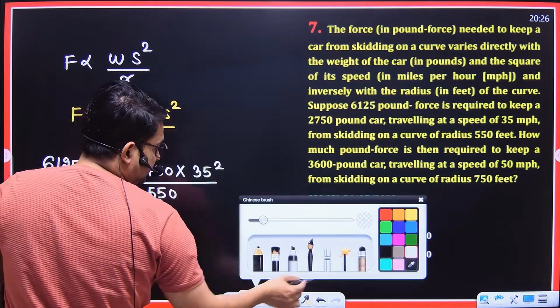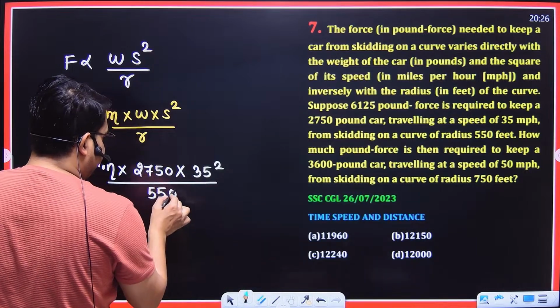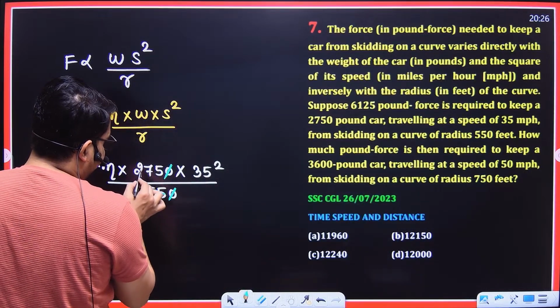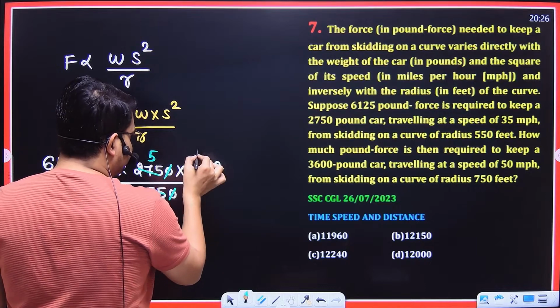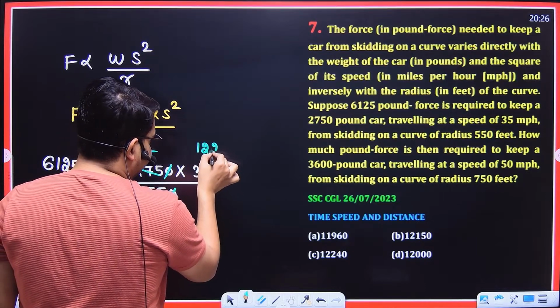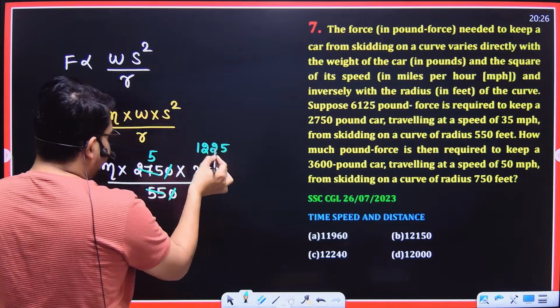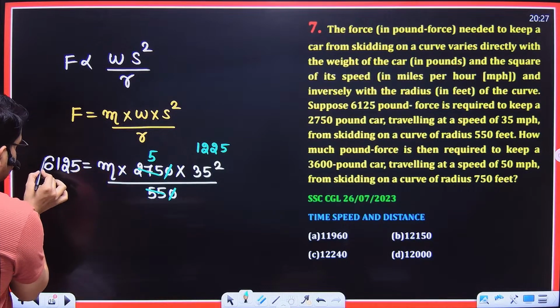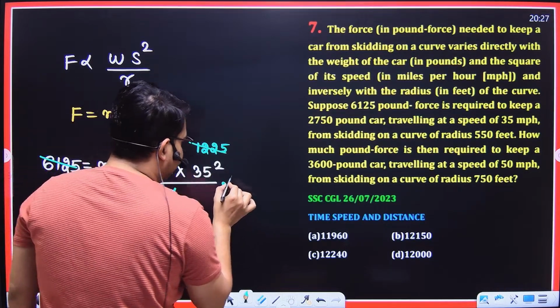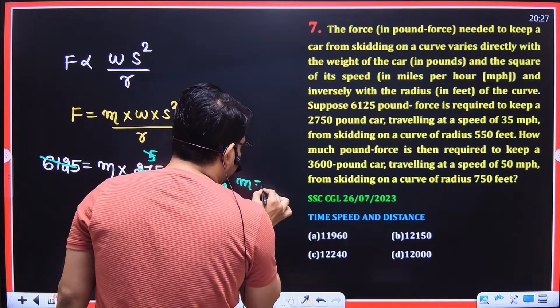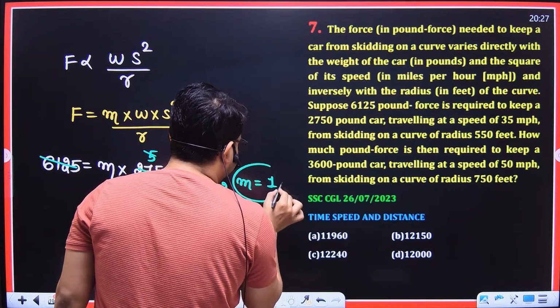See, this 0 will be cancelled out. 55, 5 sevens, 275. 35 square is equal to 1225. And 1225 into 5 is 6125. So everything will be cancelled out. The value of m is equal to 1.